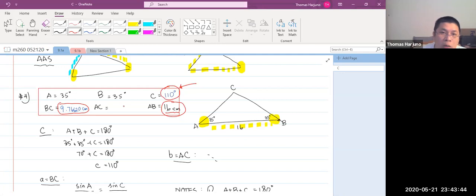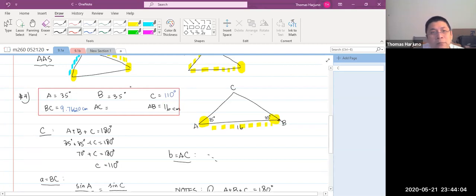The longer the side, the larger the opposite angle. The larger the opposite angle, the longer the opposite side. Now, because of that principle, what happens if you have the same angle? Because angle A and B are the same here, then the opposite side must be the same also.